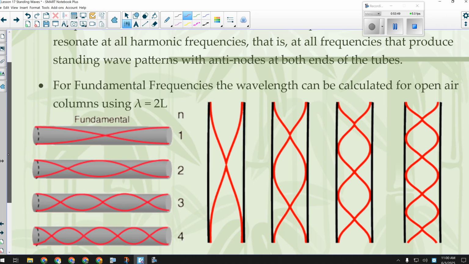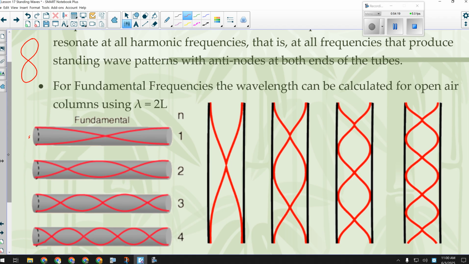And so what we get is the first sound we hear in an open air column has this waveform in it. How many wavelengths is this? Remember, one full wavelength of a standing wave looks like this. How many wavelengths are in the tube here?